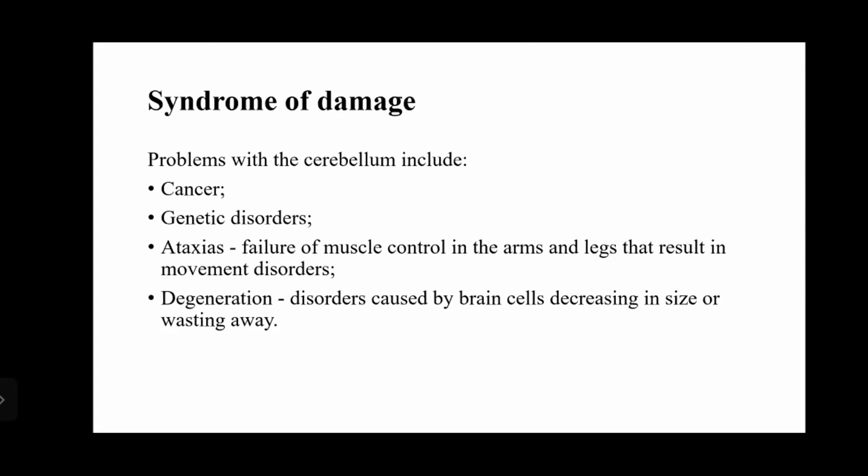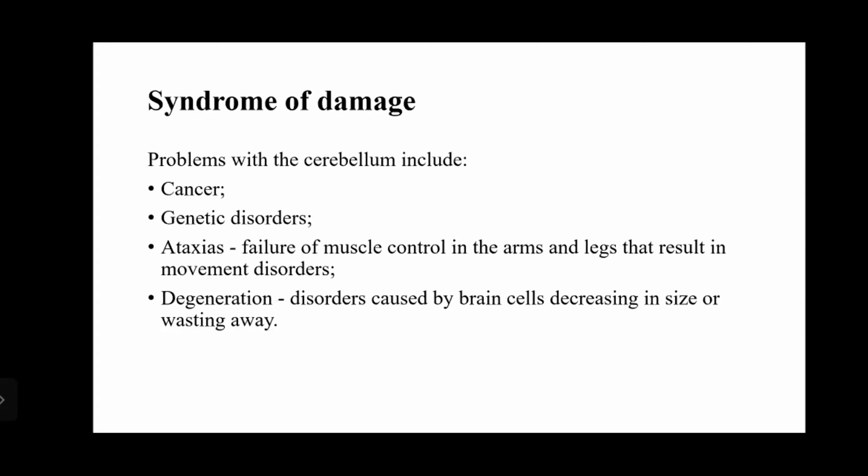However, besides the functions, we may also have dysfunctions, like problems in the cerebellum, which may include tumors like cancer. We have genetic disorders, which may occur before birth, inside the womb. And we have ataxia, which is a failure of muscle control in the arms or legs, which results in movement disorders, whereby the person can even be paralyzed.